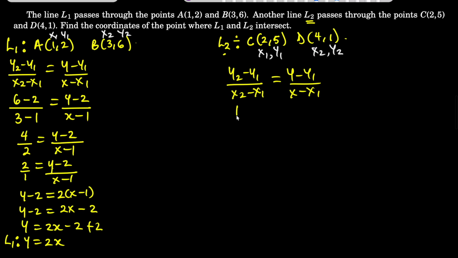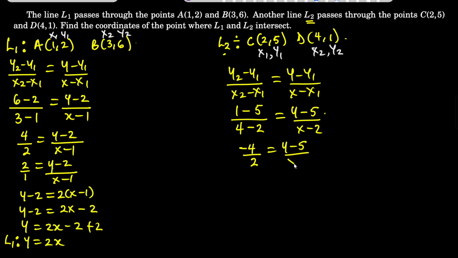Your y2 is 1 and your y1 is 5. Your x2 is 4 and your x1 is 2. This is equal to y minus 5 over x minus 2. 1 minus 5 is minus 4, while 4 minus 2 is 2. Just like before, only for the fact that this is negative, minus 4 divided by 2 gives minus 2.